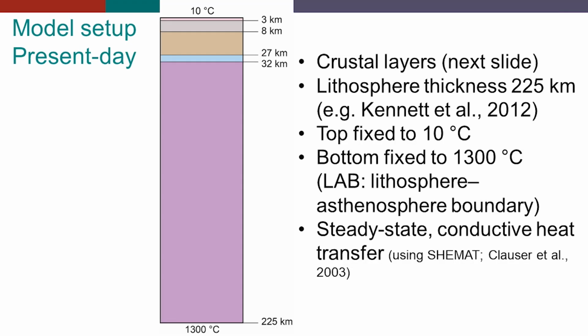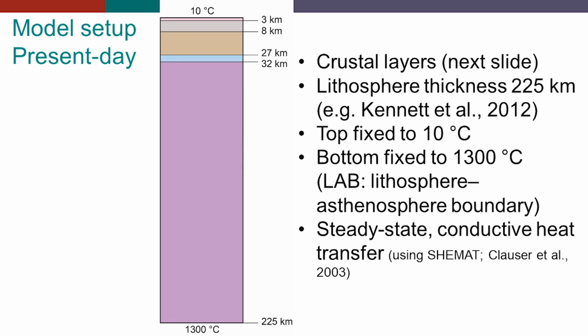Okay, so to address that, I ran some fairly simple 1D thermal models. And it's a simple crustal column composed of crustal layers, which I'll elaborate on the next slide. In this case, for the present day, we've got a lithosphere thickness of 225 is what I used.